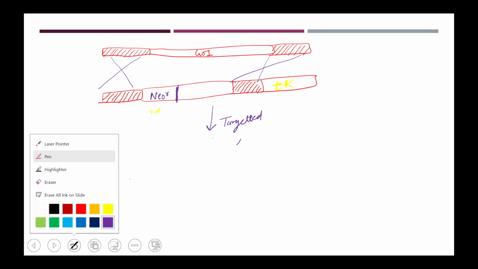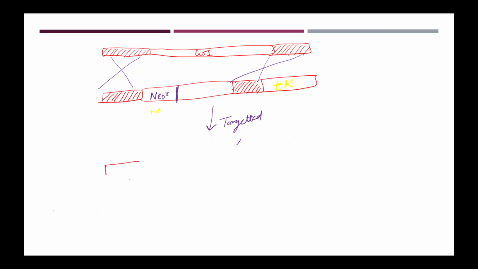So if there is a targeted insertion, then what happens? The crossover will take place between these homology arms, right? So then your locus will be changed to this.